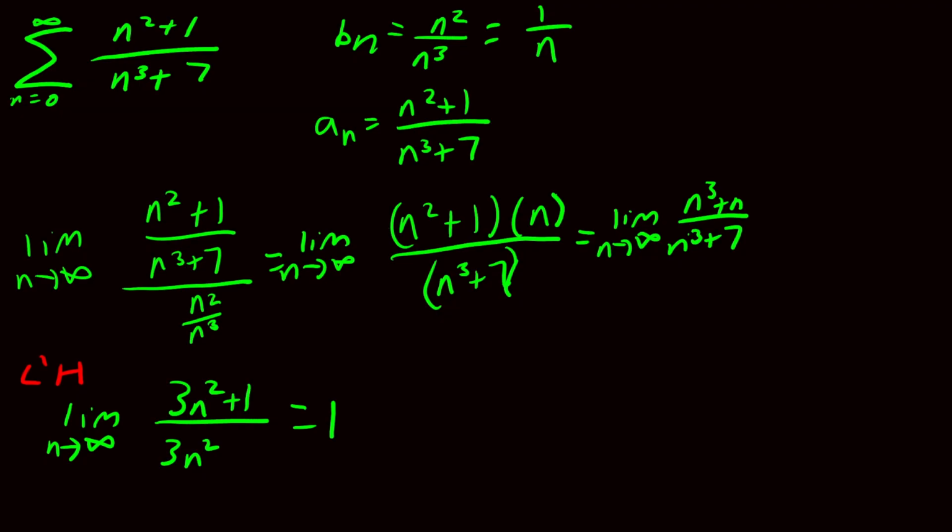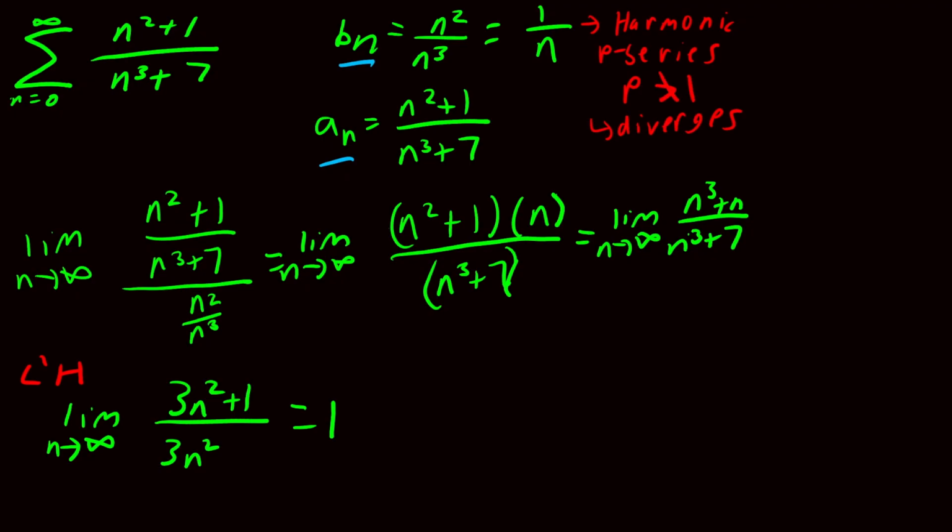So now, since this converges, we can test whether an and bn either both converge or diverge. Again, I chose bn as 1 over n because it's super easy. This is the harmonic series, or a p series, and p is not bigger than 1, so it diverges.